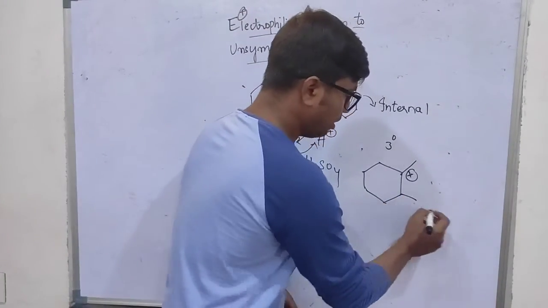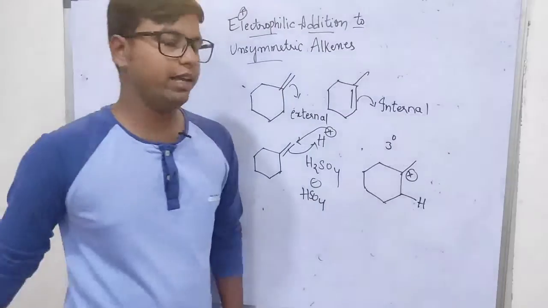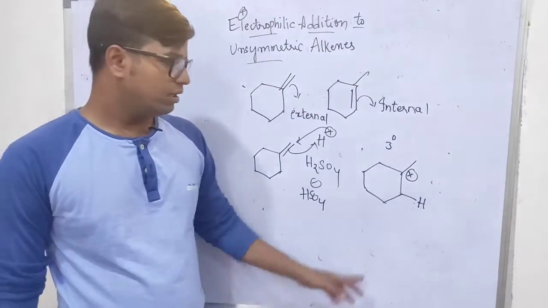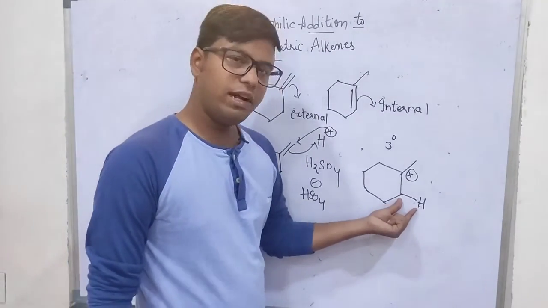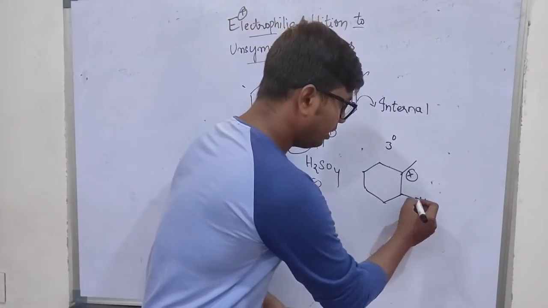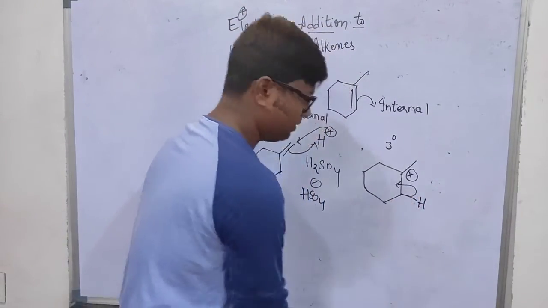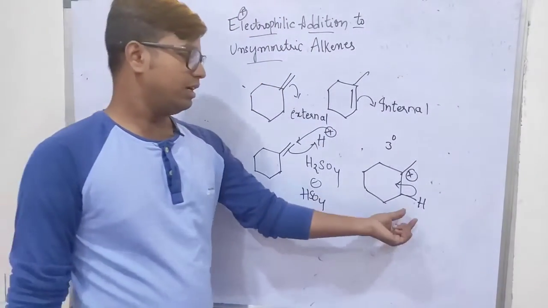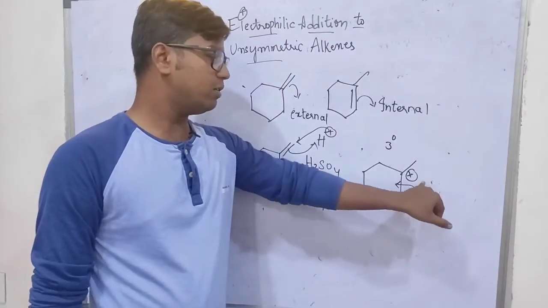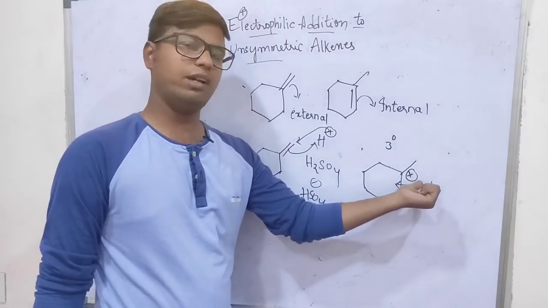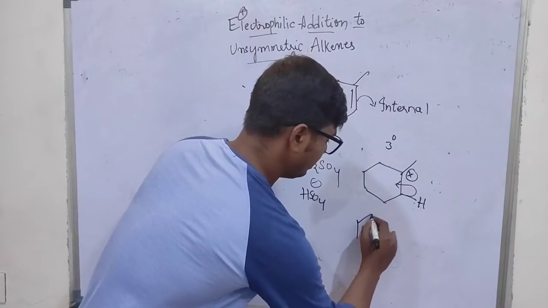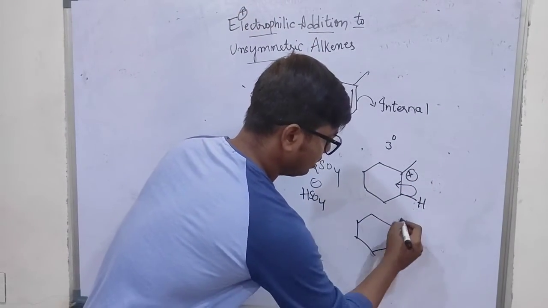How is it going to take place? This is the alpha carbon, right? And there exist hydrogens here, 2 hydrogens of course. This particular alpha hydrogen is acidic enough to go off from the system. So this pi bond electron shifts over here in order to compensate the loss of this carbocation. What is the product formed here now?